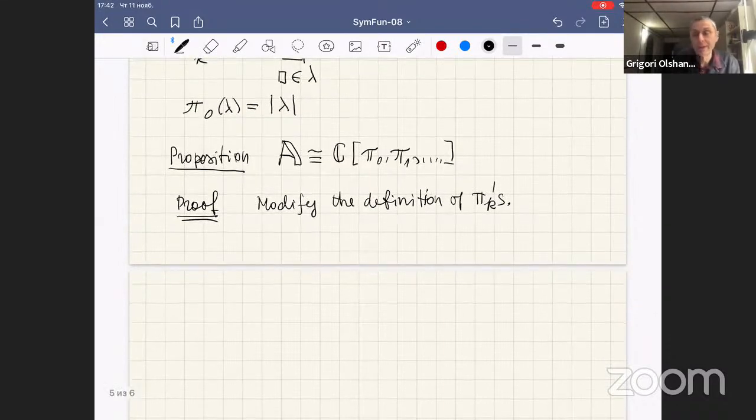I want to replace these elements, our future generators, by some other generators which are closely related to them, but which are more convenient for us. I will denote it as pi k tilde. And the definition is as follows.